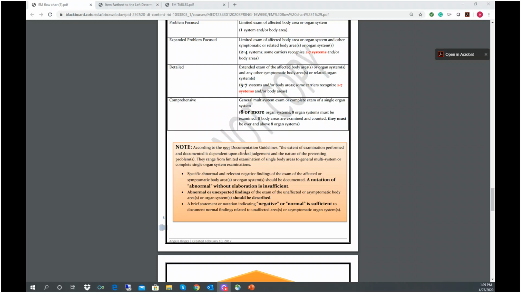Abnormal or unexpected findings of the exam of the affected or asymptomatic body areas or organ systems should be described. A brief statement or notation indicating negative or normal is sufficient to document normal findings related to unaffected areas. So again, if it's abnormal or we have unexpected findings, we need those documented very specifically to count.